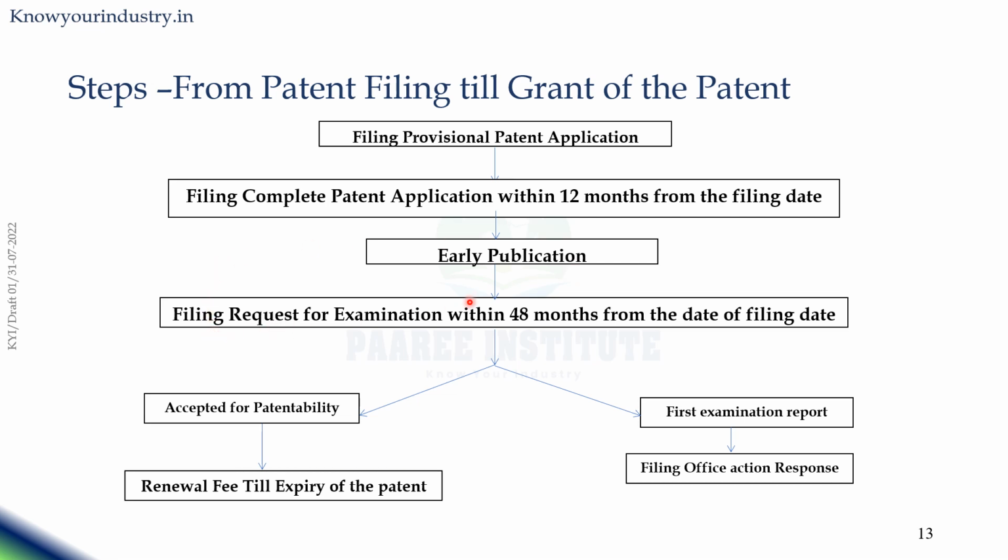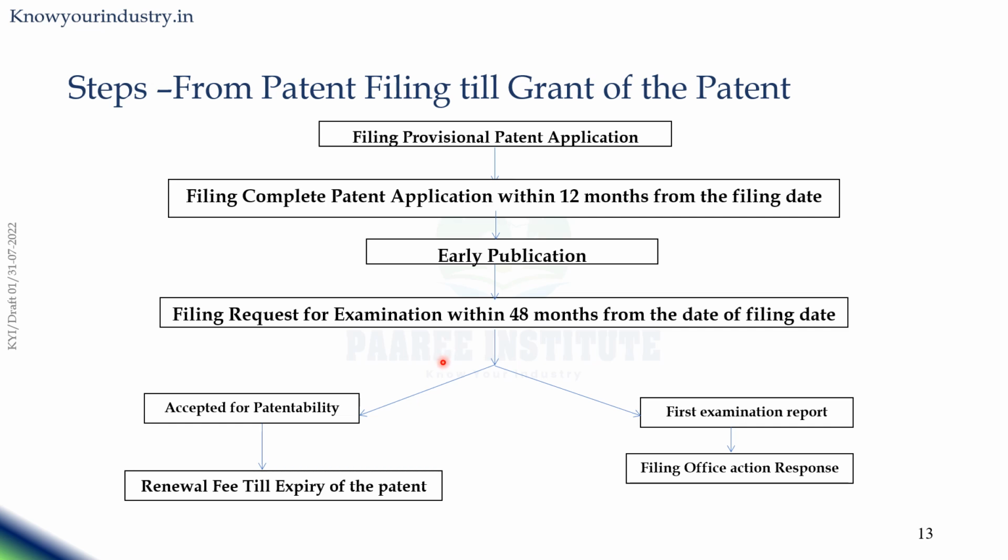We need to file request for examination within 48 months from the date of filing. Once we file a request for examination, Patent Office will take your patent application for examination. If you do not file a request for examination, the Patent Office will not initiate the examination process. Once you file request for examination, then the patent office will start their examination part.